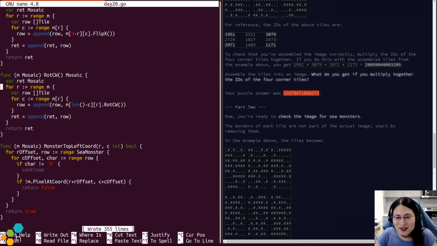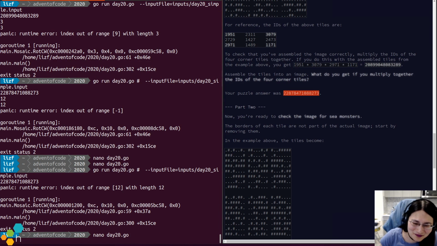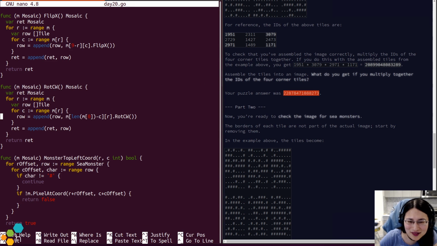That's gone wrong here. So this is going to be length. This has to be number of columns. Okay. There we go. That's better. Line 59.